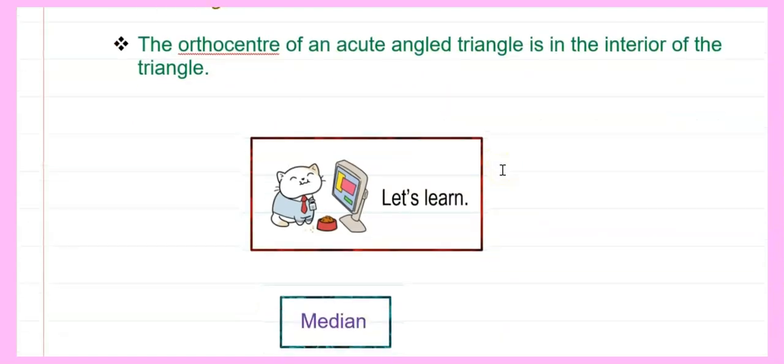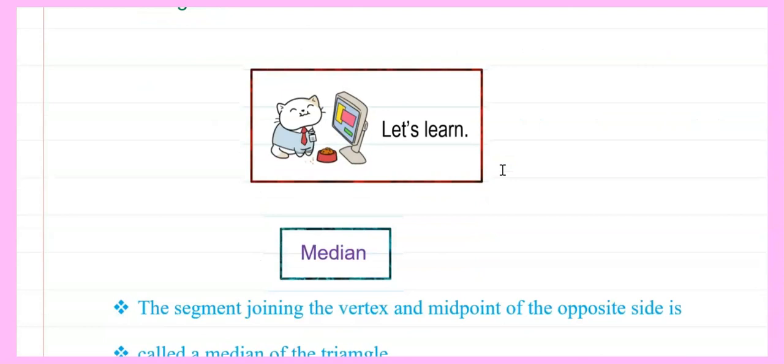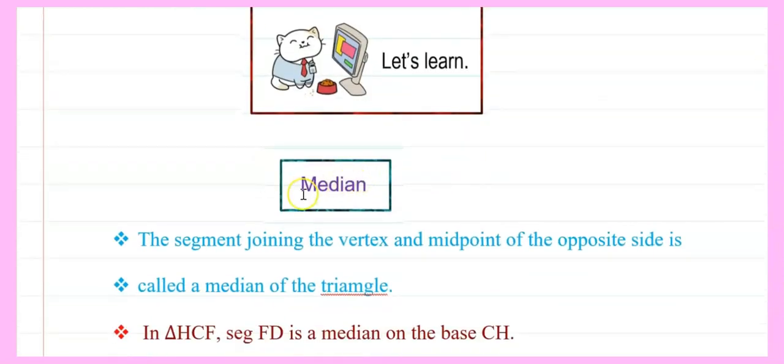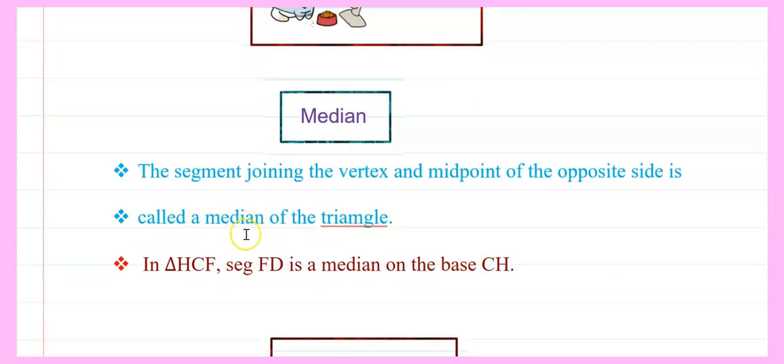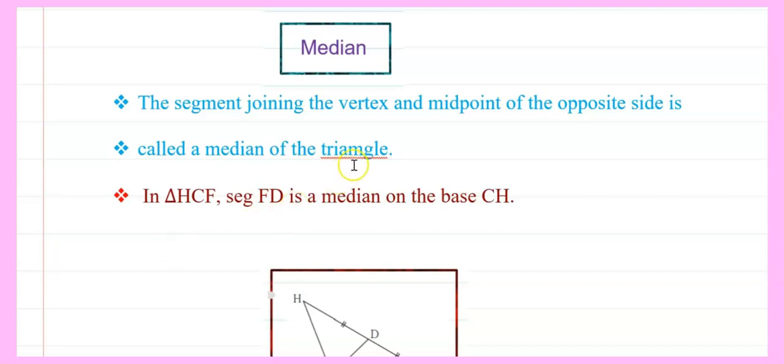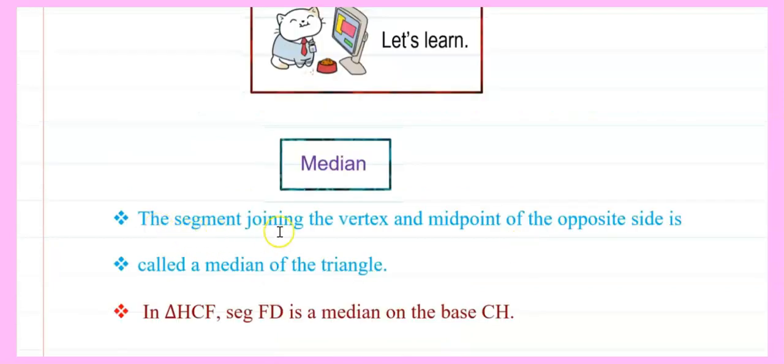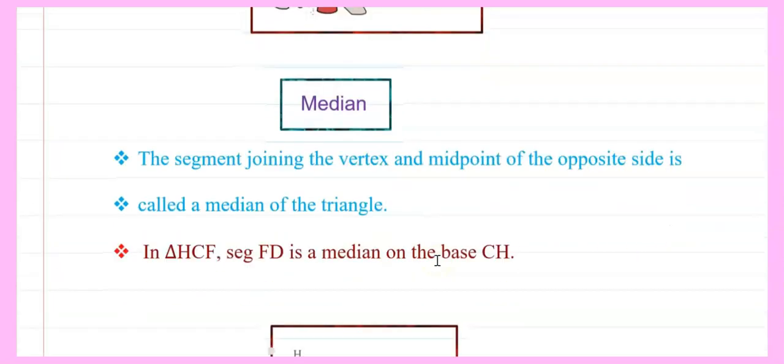Now we learn another concept. What is that concept? The median. The segment joining the vertex and the midpoint of the opposite side is called a median of the triangle. Again I am repeating, the segment joining the vertex and the midpoint of the opposite side is called a median of the triangle.